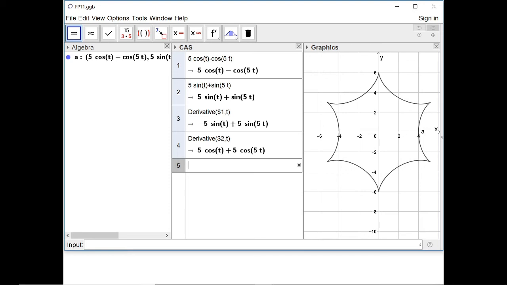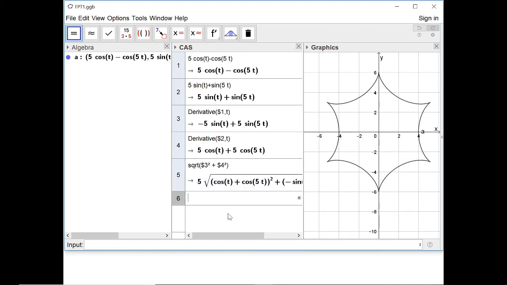But now what I'm going to do is use my formula to find s. So the first thing I'm going to do is work out the square root. So I want the square root of dx by dt, that's my expression 3, all squared, plus dy by dt, that's my expression 4, all squared. And that's given me this square root just here.